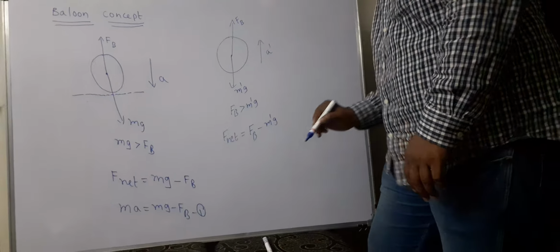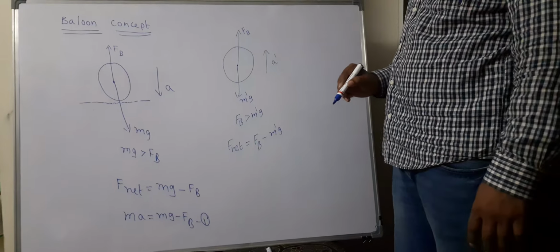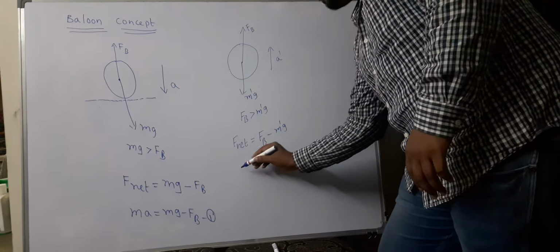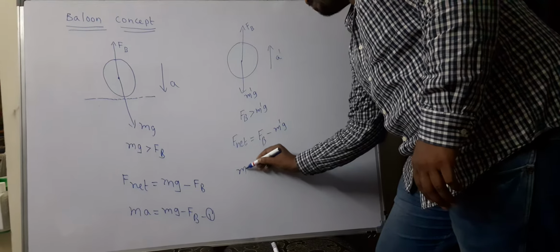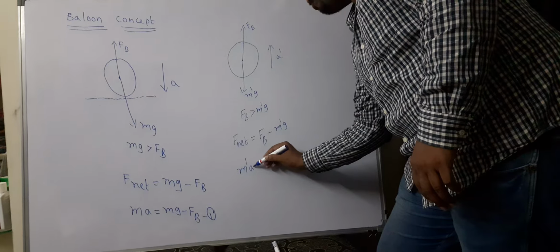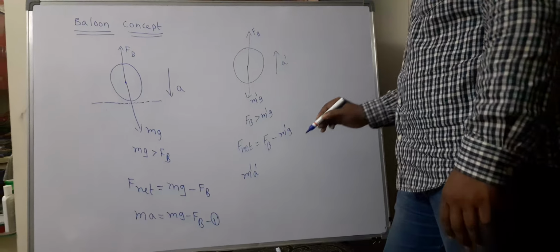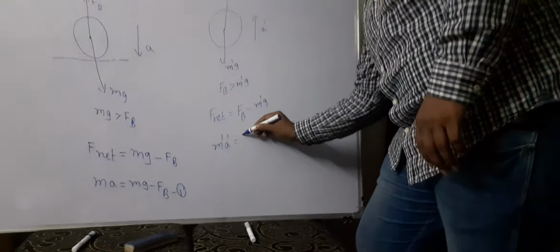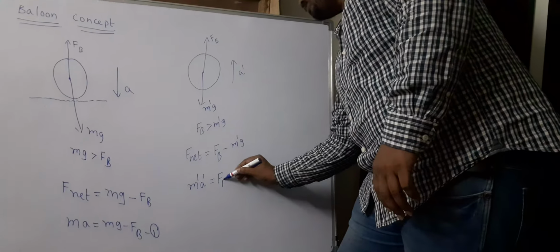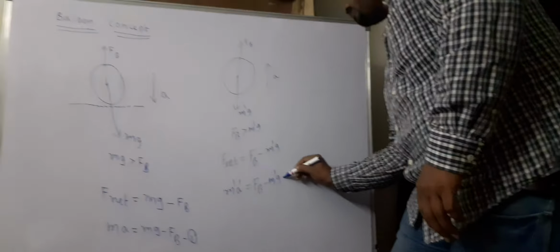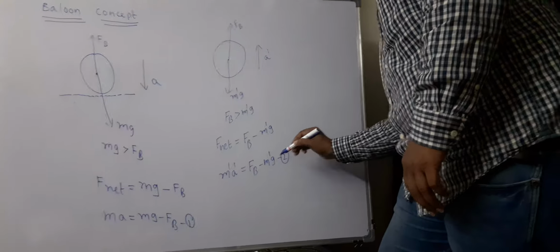Both are in opposite directions, that's why we write minus. Newton's second law, F equal to ma. New mass m dash, new acceleration a dash: m dash a dash equal to FB minus m dash g, equation number 2.